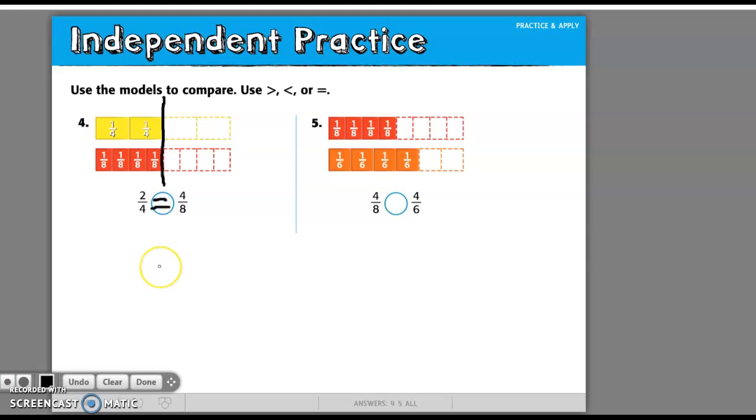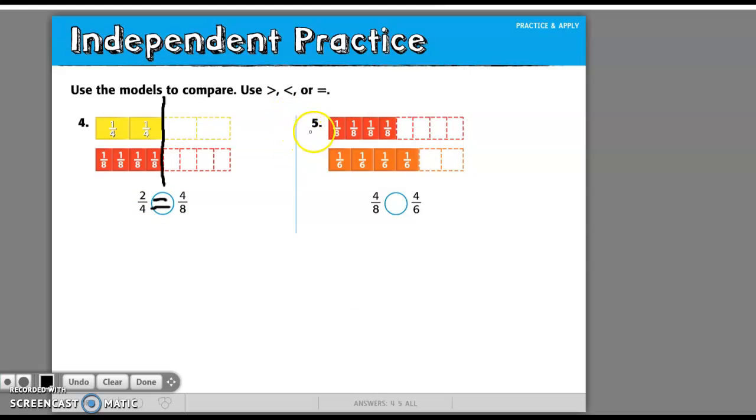Some of you may have noticed when you were working with equivalent fractions that you can get from 2/4 to 4/8 by multiplying both by 2. 2 times 2 is 4. 4 times 2 is 8. So those would be equal.